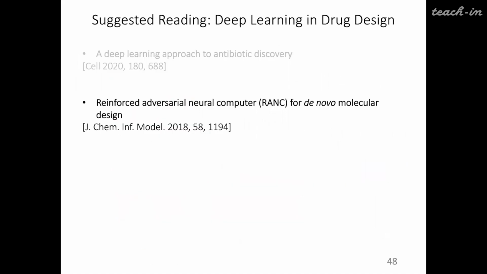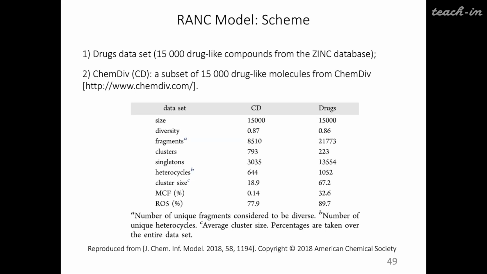And the second paper I would like to mention is the paper from 2018 from the Journal of Chemical Information and Modeling, in which the authors proposed a generative model that generates basically drug-like molecules. And the authors used two data sets of drug-like molecules.